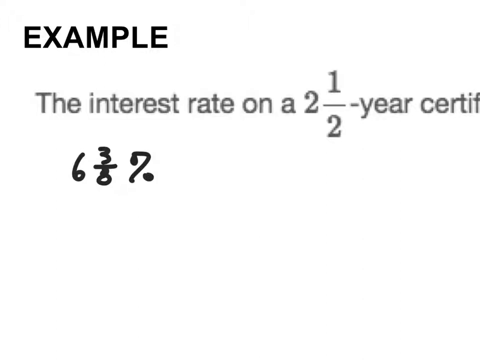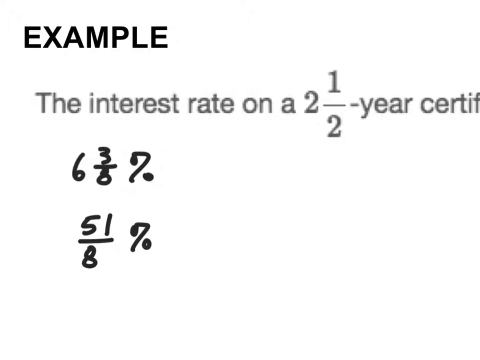And what I'm going to do is turn this number into an improper fraction. So I'm going to take 8 times 6, which is 48, plus 3, which gives me 51. So this is 51/8%.